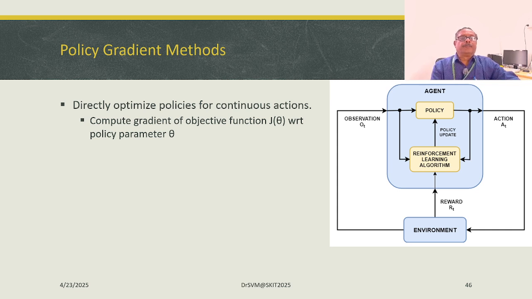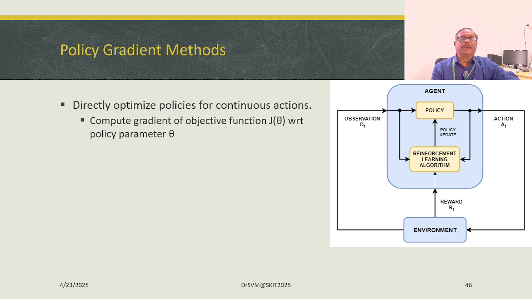methods. So in this method, we compute the gradient of the objective function J of theta, where theta is some policy parameter and J of theta is an objective function which we would like to maximize.